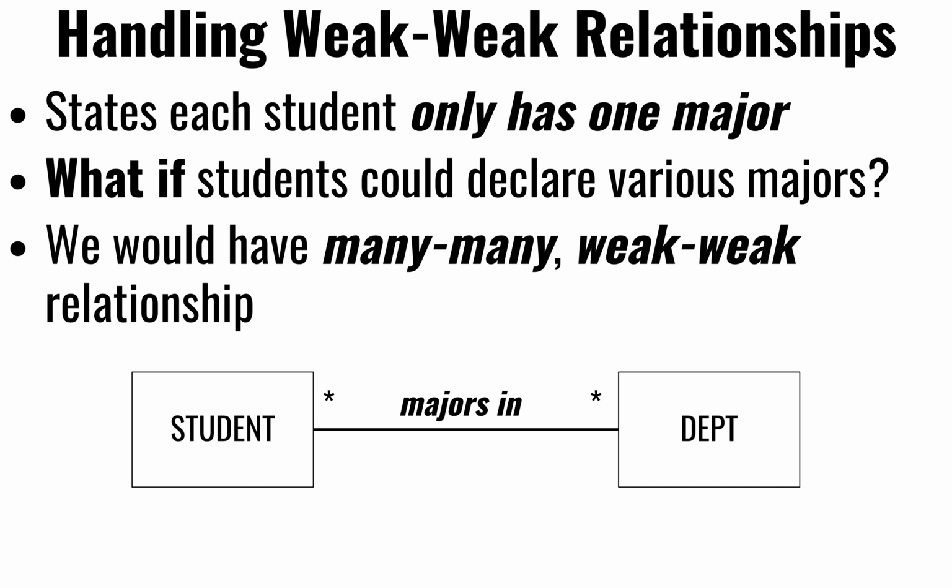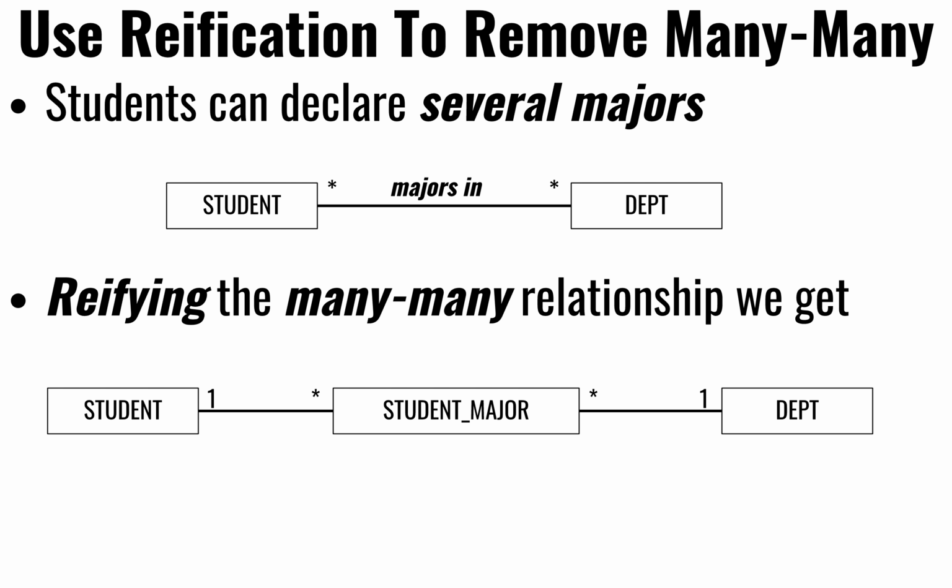You have a major, you have a minor, a double major, whatnot. So it would look something like this, right? You have a many-to-many. Again, in UML, that might be fine. But typically, if you're going to implement this in a relational database, you would reify it, creating a mapping table that would have foreign keys pointing to both records.